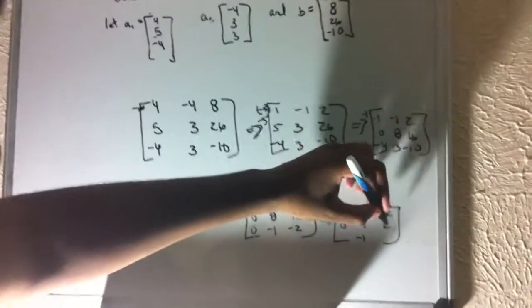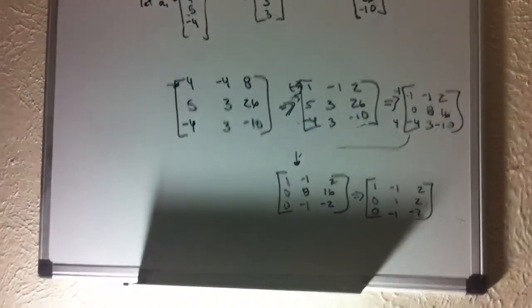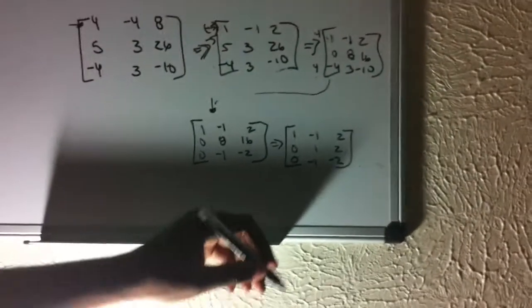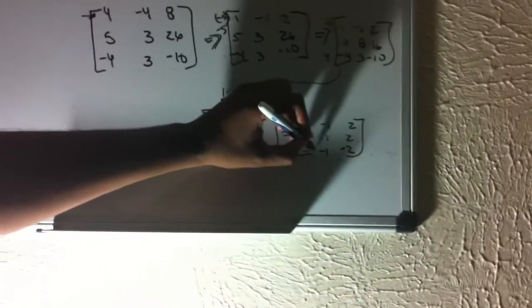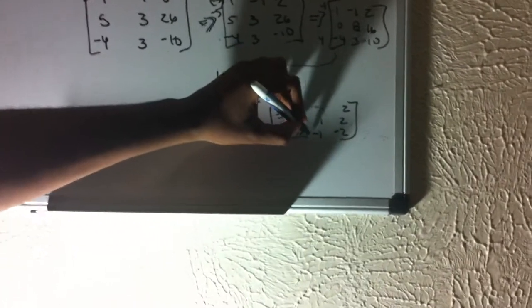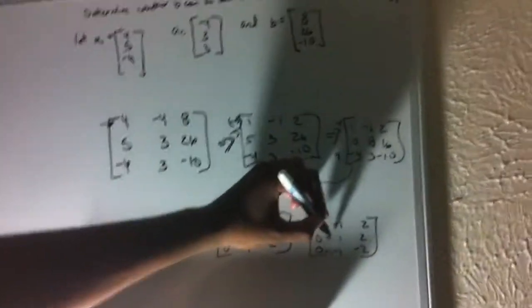And we'll have -1, 2, -1, -2. And 1 and 0. So we can add 1 on our second column, third row to here.